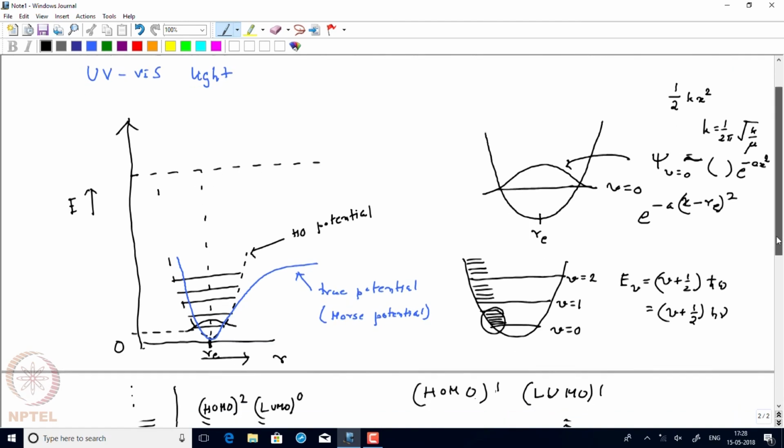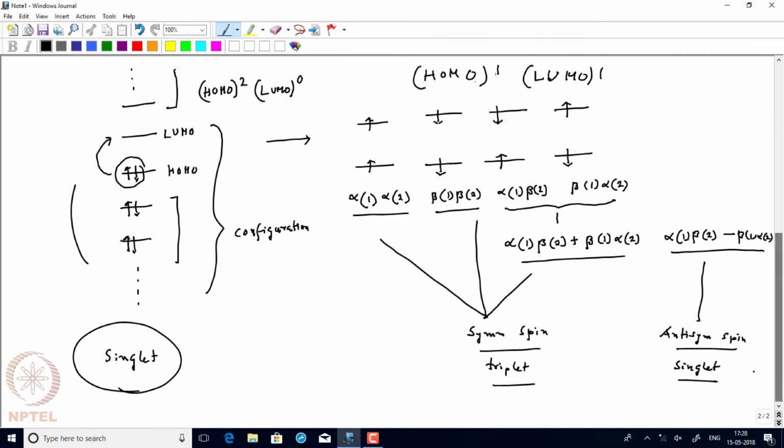Now excited electronic state means we promoted one electron from the HOMO to the LUMO according to the electronic configuration, but I can actually have 4 configurations, and according to the Schrodinger equation these 4 have the same energy, because the Schrodinger equation doesn't take into account the spin energy.